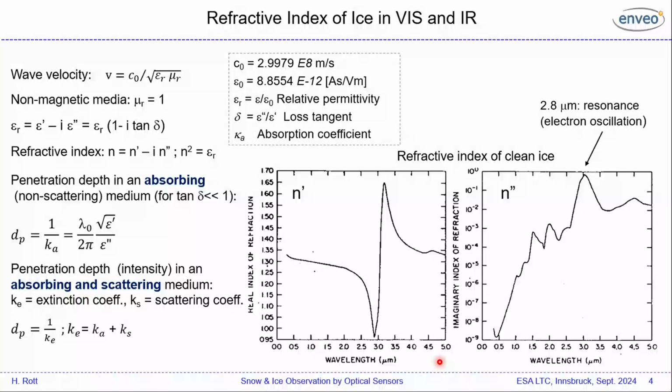Now, the refractive index of ice in the visible and infrared is shown here, the real part and the imaginary part. The square root of the relative permittivity is identical to the refractive index. We can see that up to a wavelength of 2 micrometers there's not much change, then it drops and stays about 0.35.